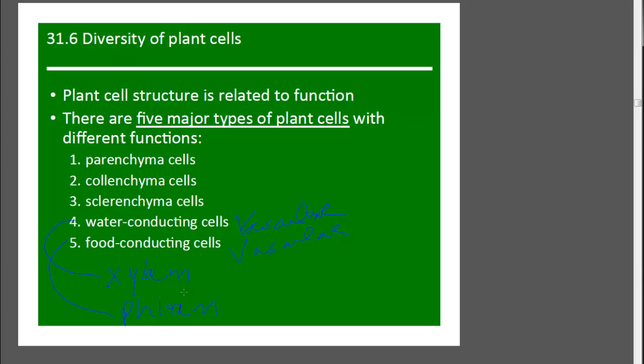But when we look at plant cell types, we have to think these cells will make up the tissues, right? That's the job of the cells, is to build tissues. So since we're familiar with the vascular cells, and we'll come back to those again later, I want to focus instead on our parenchyma, collenchyma, and sclerenchyma cells.